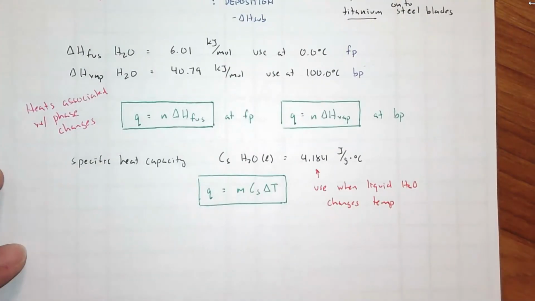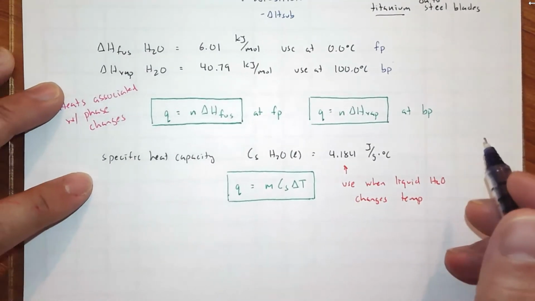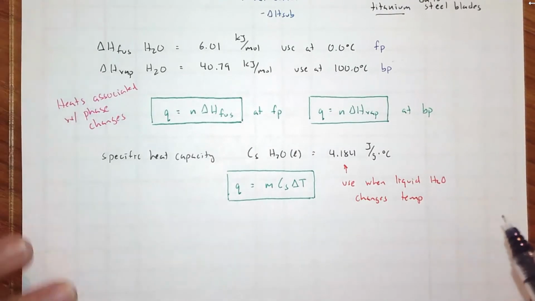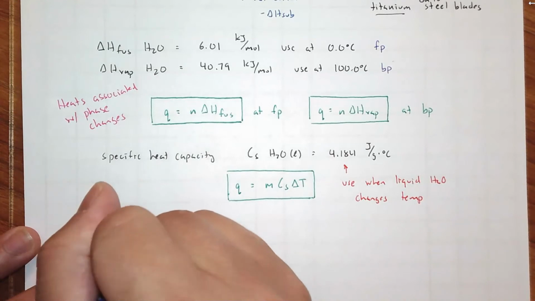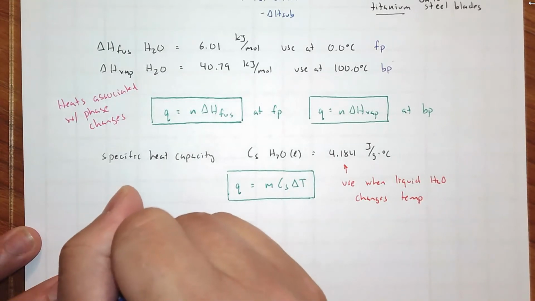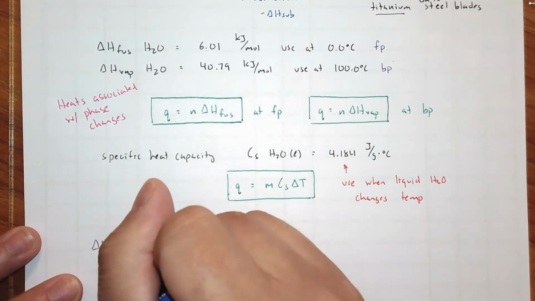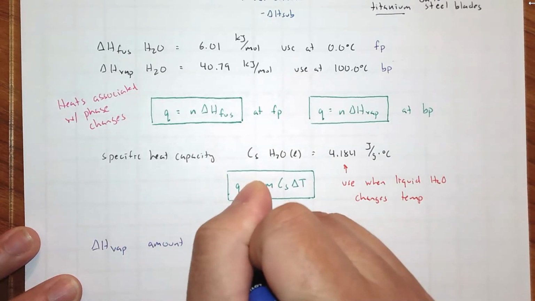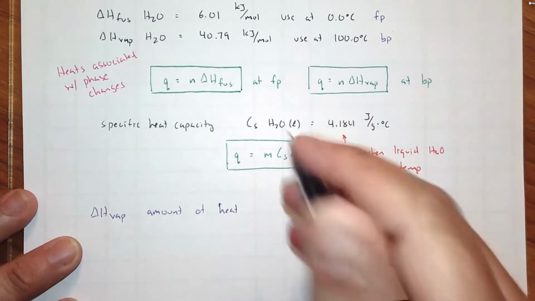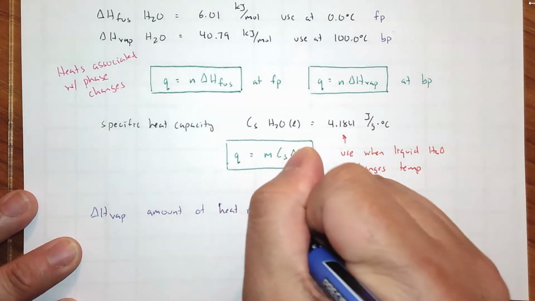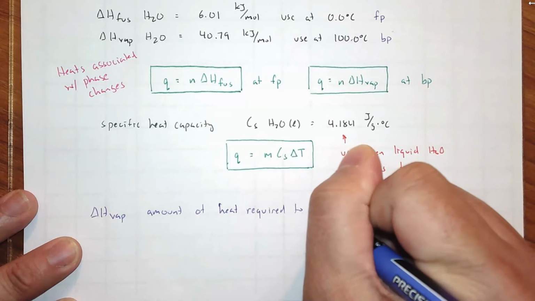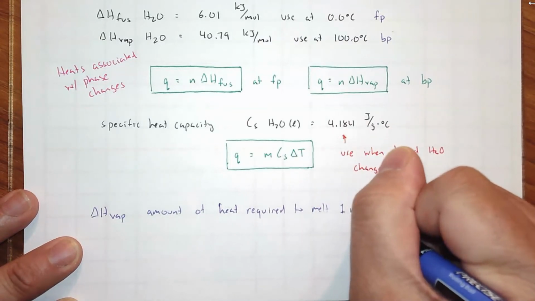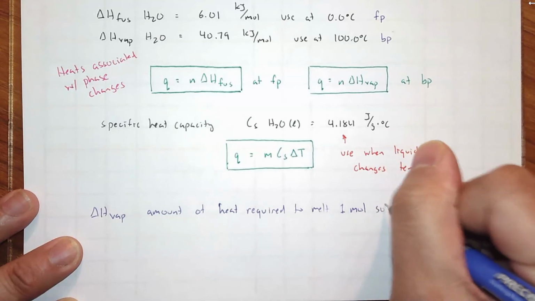Now, I never gave you the definition of delta H of fusion, delta H of vaporization, but I think you could figure it out from the units. This is the amount of heat required to melt 1 mole of solid.